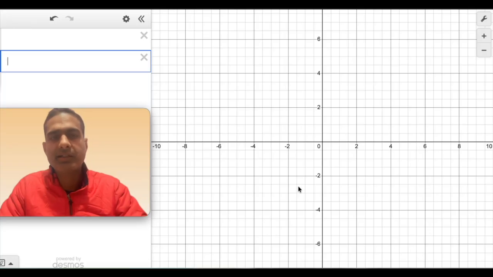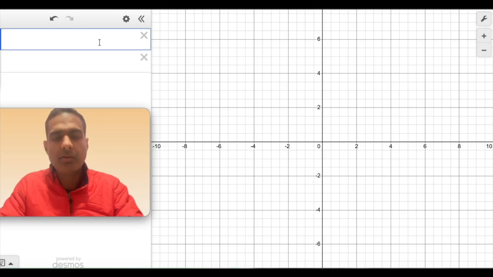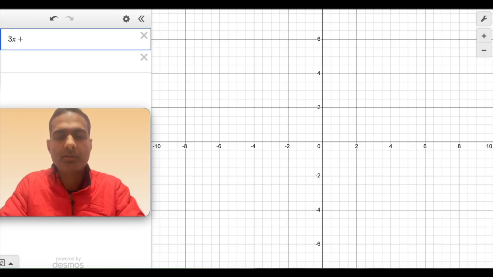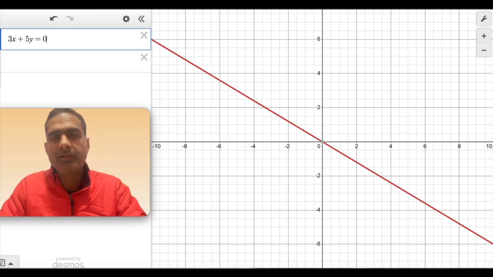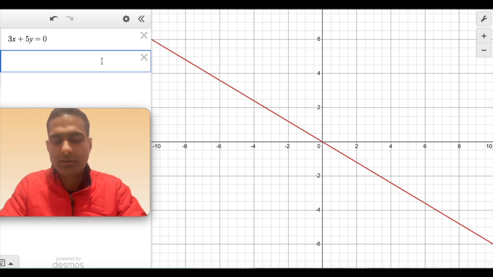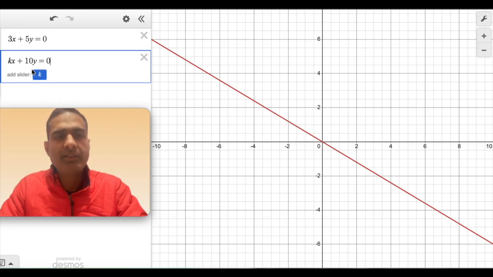Okay, so here is a Cartesian plane. Now let's try to visualize the equations graphically. The first equation was 3x plus 5y is equal to 0. This is the red line which represents 3x plus 5y is equal to 0. As we can see, this is passing through 0, 0. Now the second equation was kx plus 10y is equal to 0.